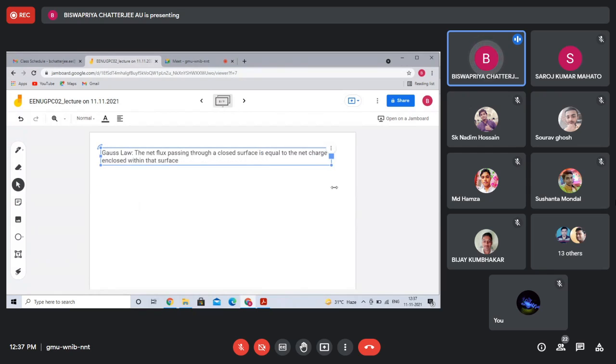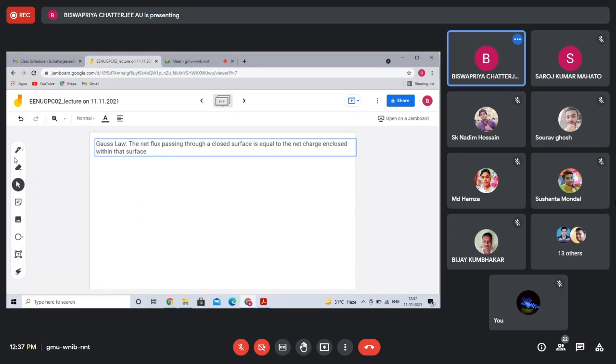This is the statement of Gauss's law. It's very important. Let me tell you one by one what is the meaning of this statement.